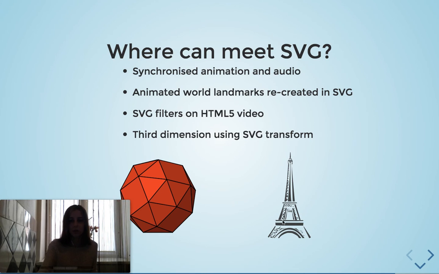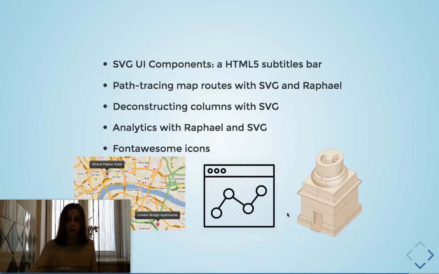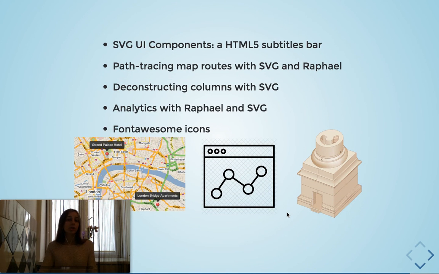You can see here SVG files on HTML5 video, and the third dimension using SVG transform you can see on the red picture. Then it's also SVG UI components and the HTML5 subtitles bar. You can meet it in your favorite movies.